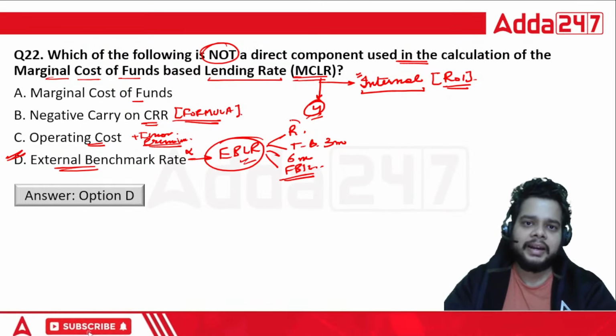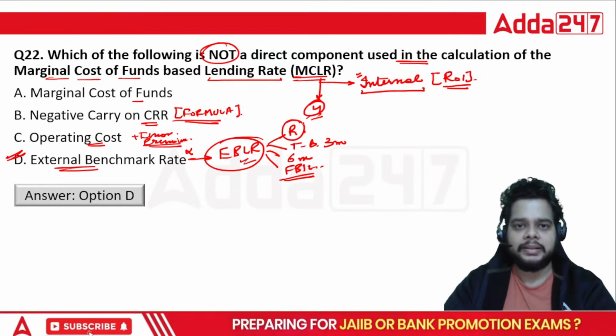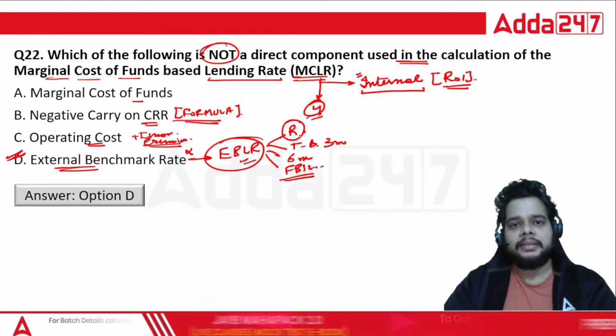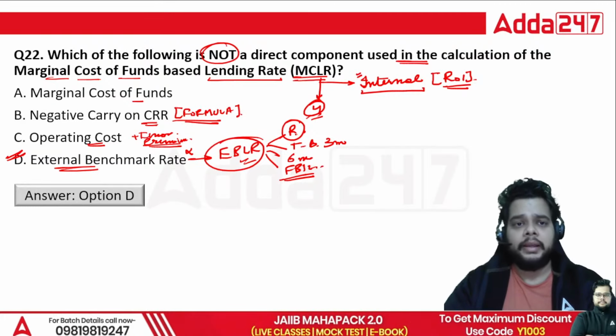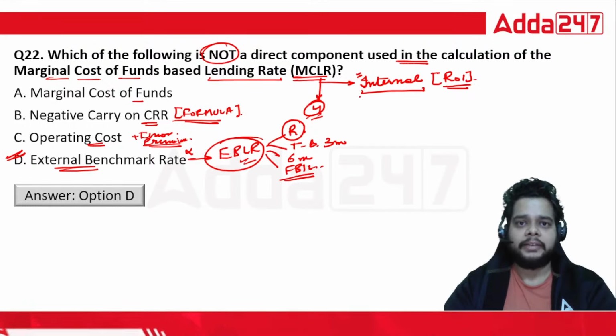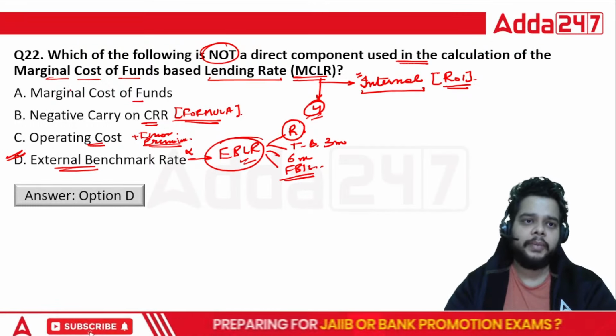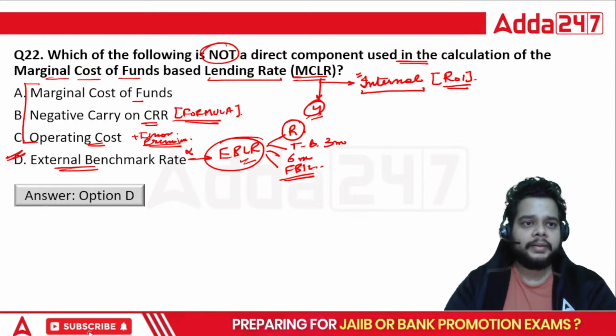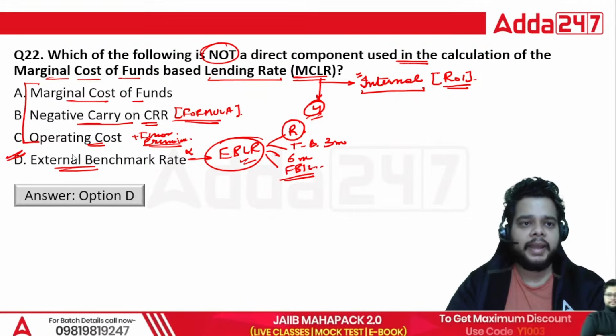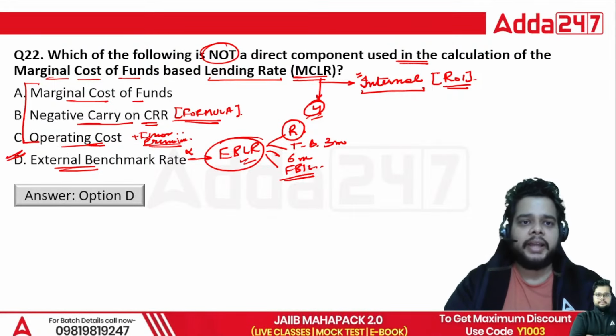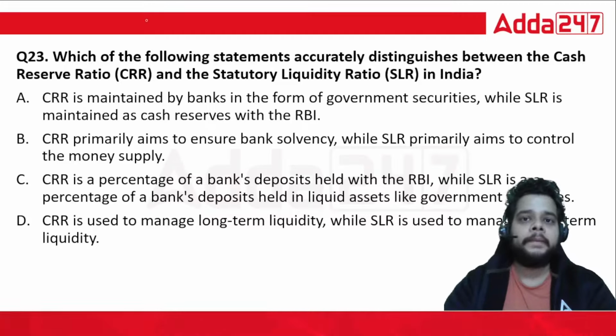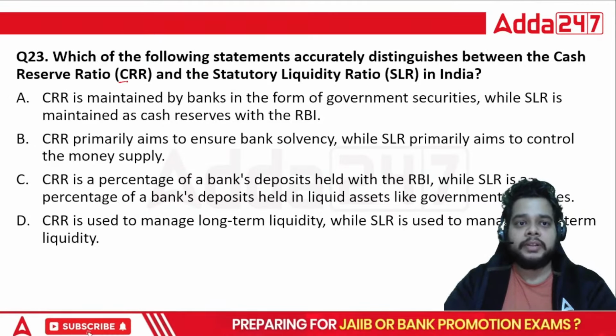Mostly we see that repo rate is considered as the benchmark rate. It is the ultimate EBLR for various banks. So for this question, MCLR, always remember the 4 components are marginal cost of funds, negative carry on CRR, operating cost, and tenor premium. Next, we have a question based on CRR SLR.